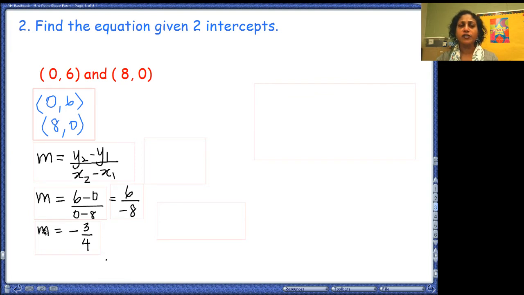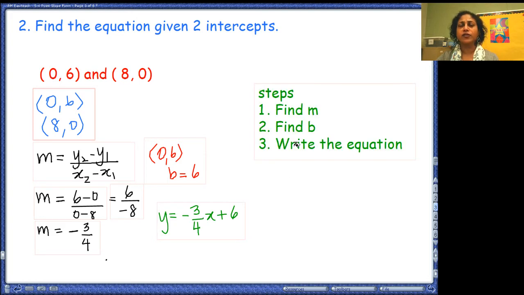And make sure you state the final m. m equals -3/4. Don't box this part, box the bottom. And then since b is already given as (0, 6), b is 6, the equation is y = -3/4 x + 6. So the steps are similar. Find m, find b, and write the equation.